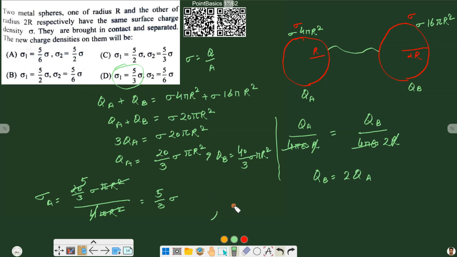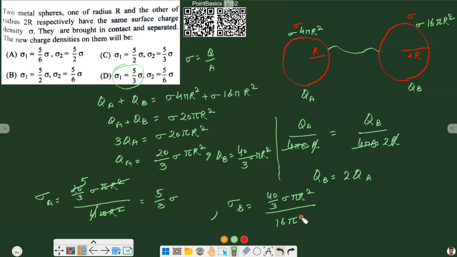Now calculating similarly for sigma B, it will be the charge of the second sphere, 40 by 3 sigma pi r square, by its area, that is 4 into pi into (2r) square, so 16 pi r square.